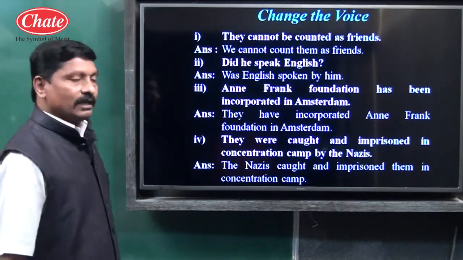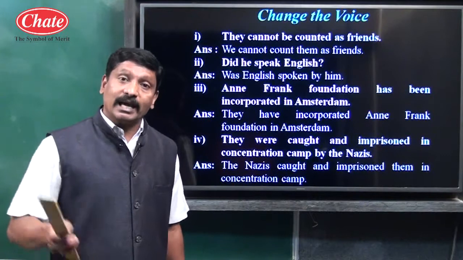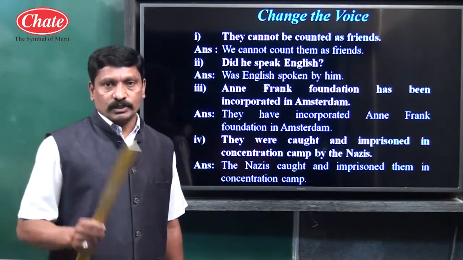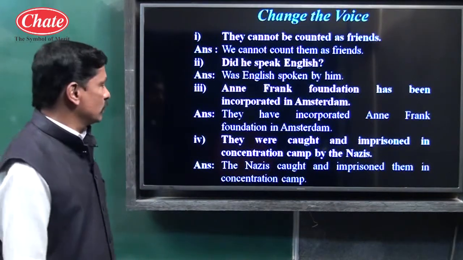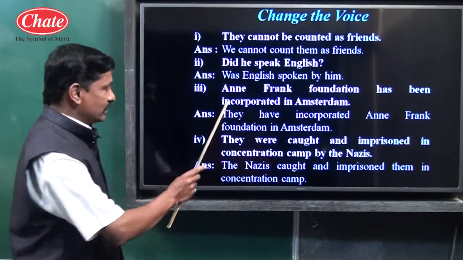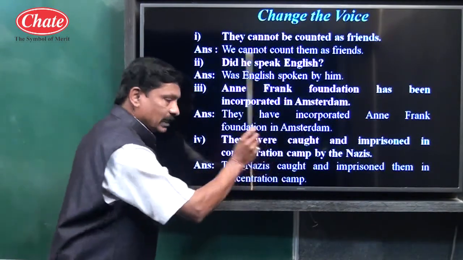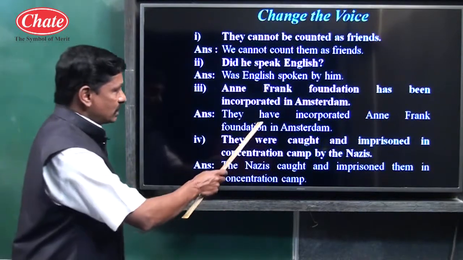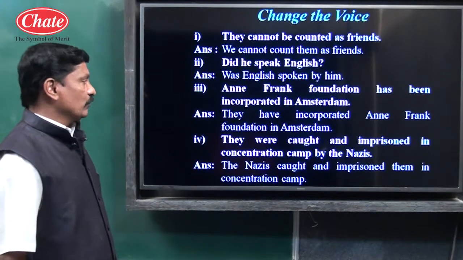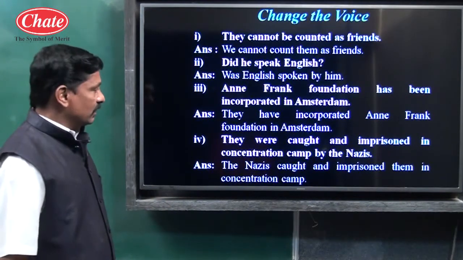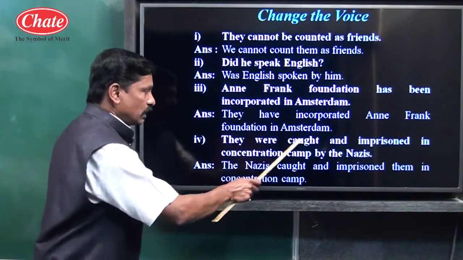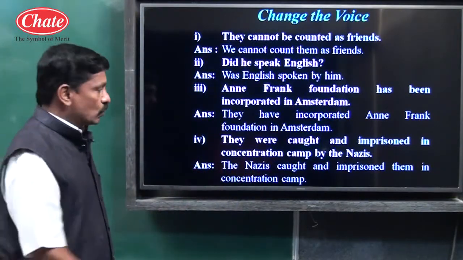What things are needed to write an active voice sentence of present perfect tense? Three things: subject, have or has plus V3. So children, they have incorporated: subject, verb, incorporated, object. So this is present perfect tense. They have incorporated Anne Frank Foundation in Amsterdam. They were caught: to be plus V3, so passive voice.